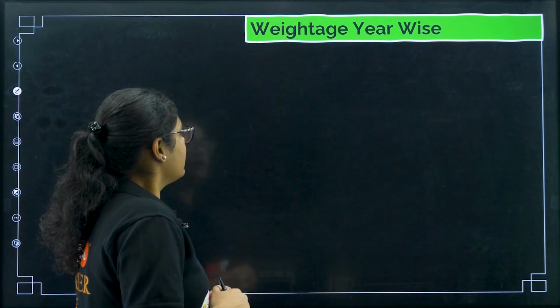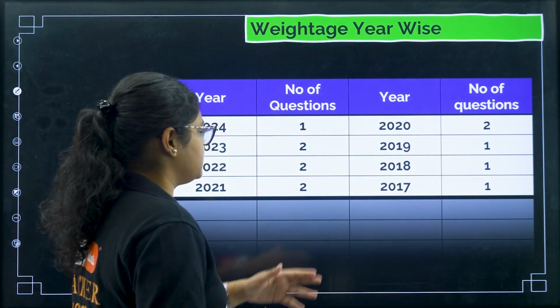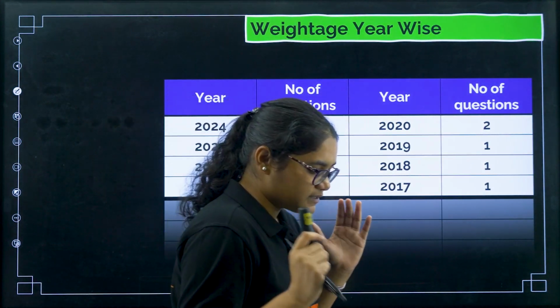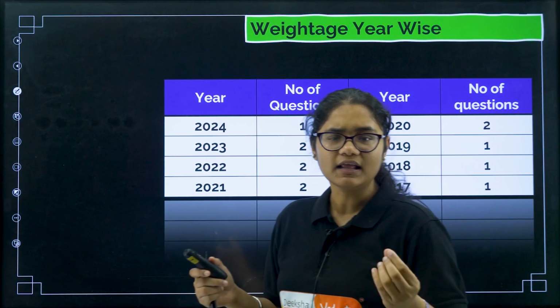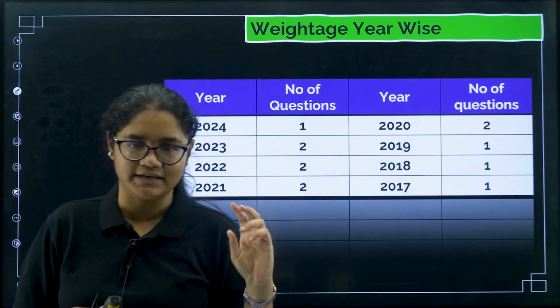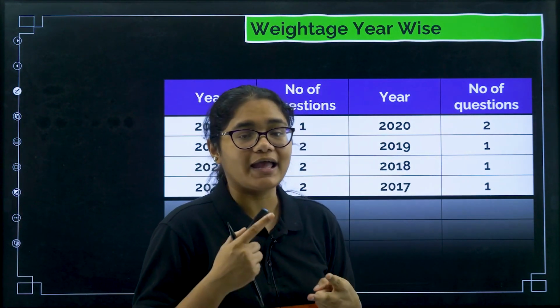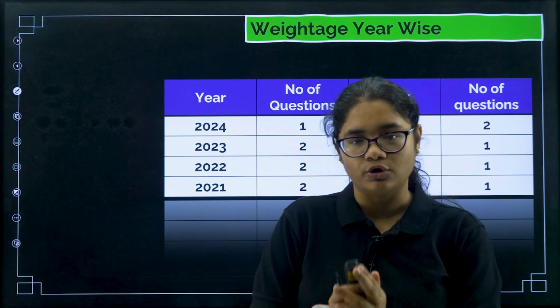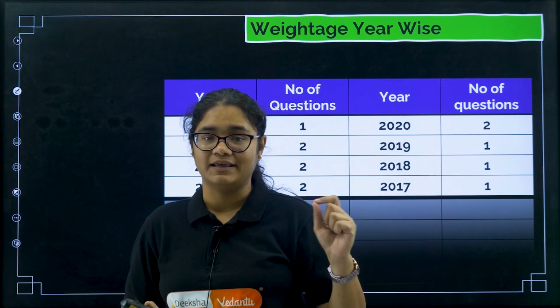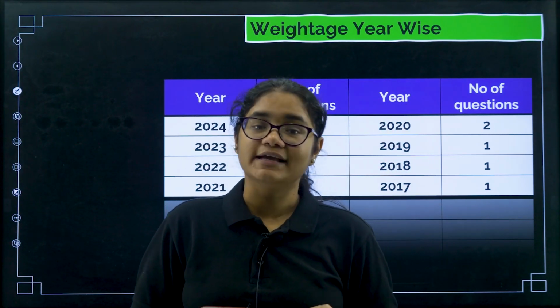Now coming to year wise weightage, if you consider PU1 topics, they generally have low weightage in your KCET examination, but chemical bonding and chemical equilibrium are the two topics from PU1 which are also very important for your KCET examination.